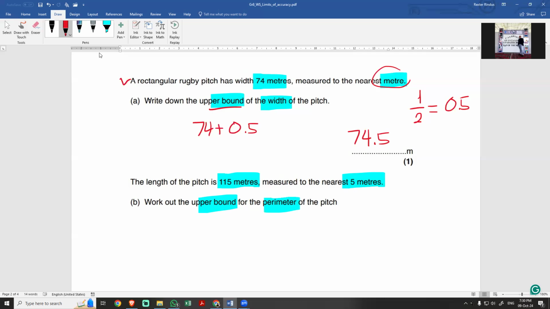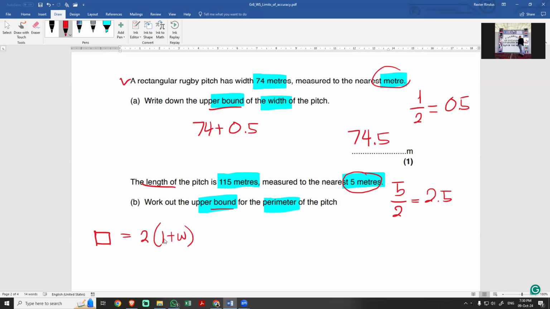Again, 74.5 is your upper bound on that one. While it says the length of the pitch is 115 meters measured to 5 meters, this is your number that you have to divide by 2. So it's going to be 5 divided by 2, so you have a tolerance of 2.5 upper and lower. Since they are looking only for the upper bound of the perimeter, we need to find also the upper bound of the length, because as we know, the rectangular perimeter is equal to 2L plus 2W, or 2 length plus 2 width.